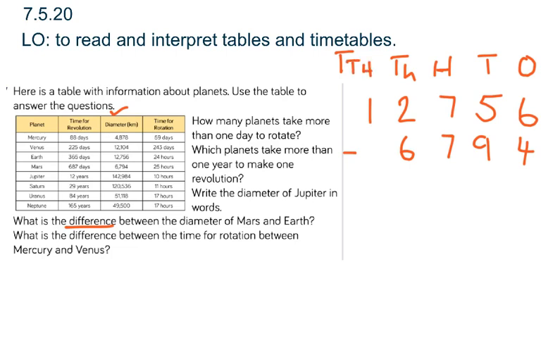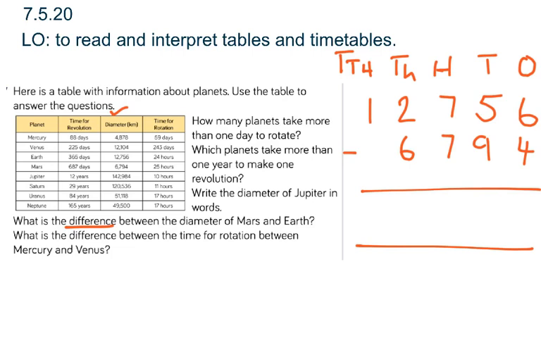I haven't actually got a number there. Mars is a 4-digit number. All right, so once you've done that, you can get on with the calculation. Okay, and we've done these calculations before, so that should be fairly straightforward.